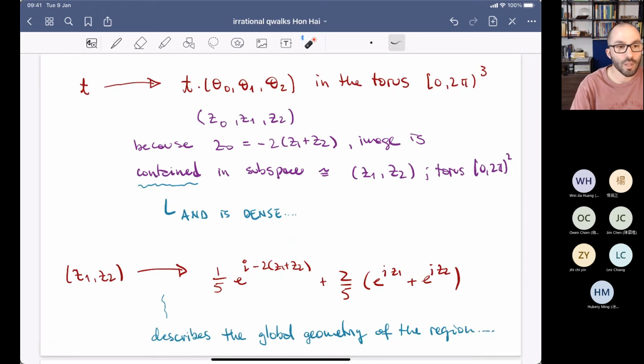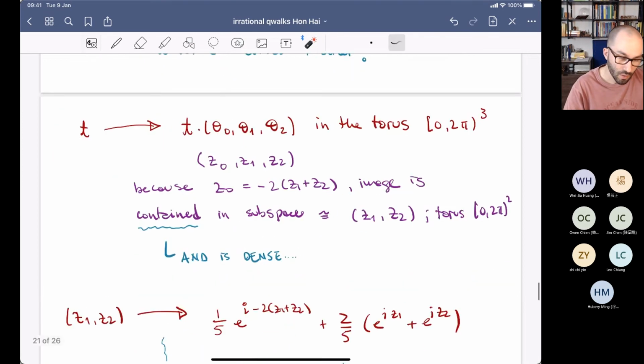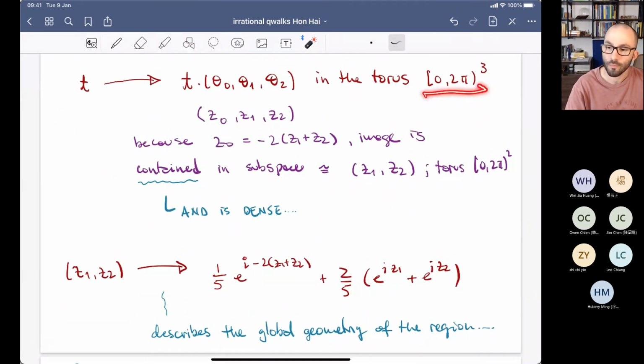And then here basically comes the technology that allows us to perform this analysis, which is you have a parameter t, and you're multiplying t, as t is going to be a free variable, by a vector of 3 eigenvalues. And then, of course, this must be understood as something mod 2 pi, because whenever t times theta 1 goes above 2 pi, you restart, right? So this is indeed a torus, a 3-dimensional torus.